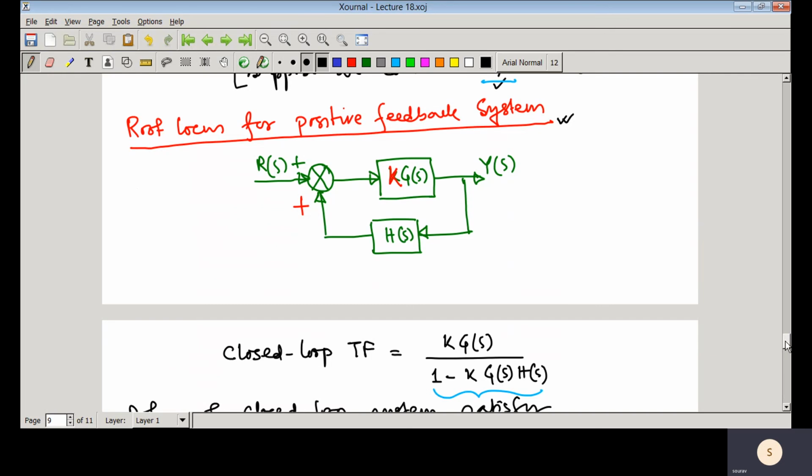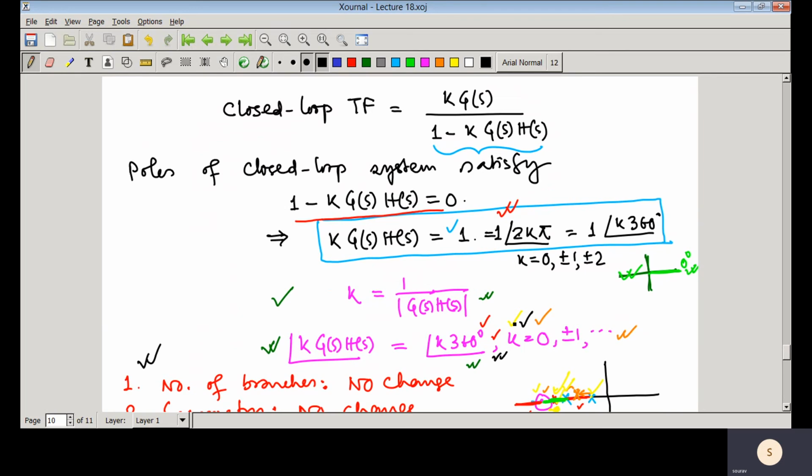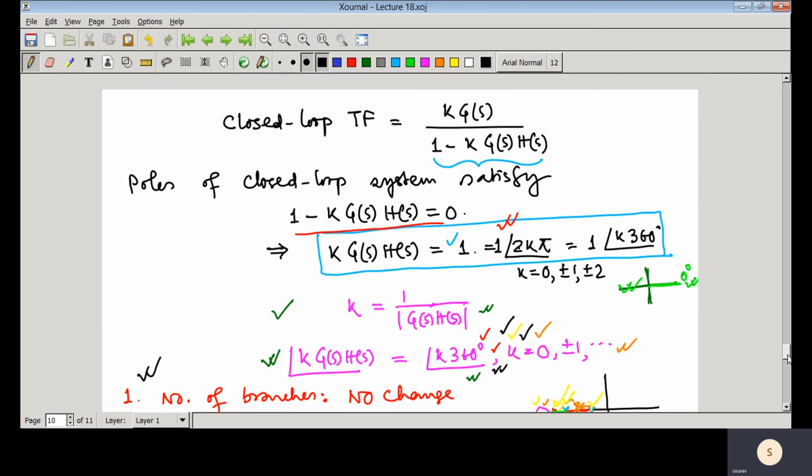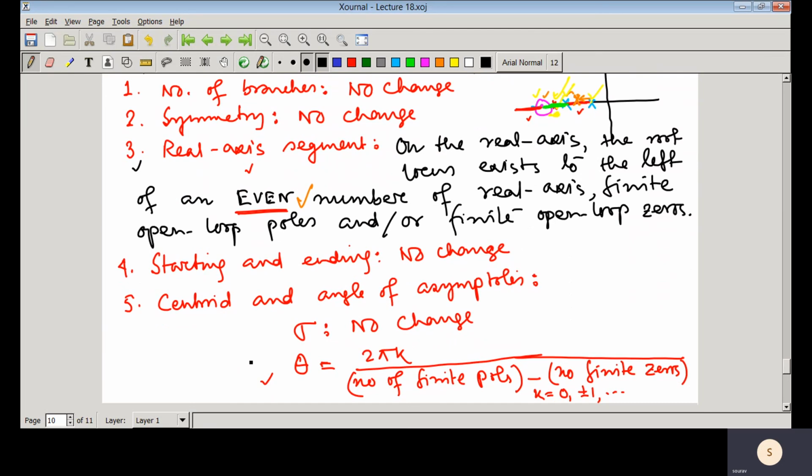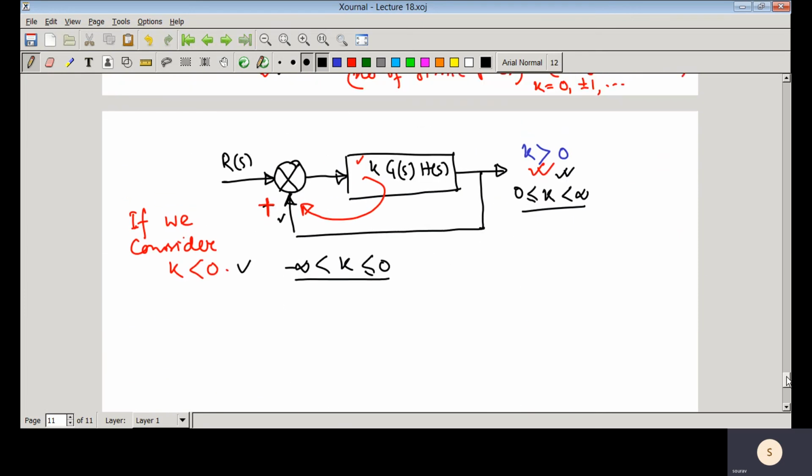So there would be a change related to the angle condition, only that angle condition, and associated with that angle condition, rule 3, real axis segment, and finding the centroid as well as angle of arrival and angle of departure. So only you need to change that angle condition and you can easily draw the root locus. And this is the concept of how to apply this particular result, that means root locus with positive feedback.